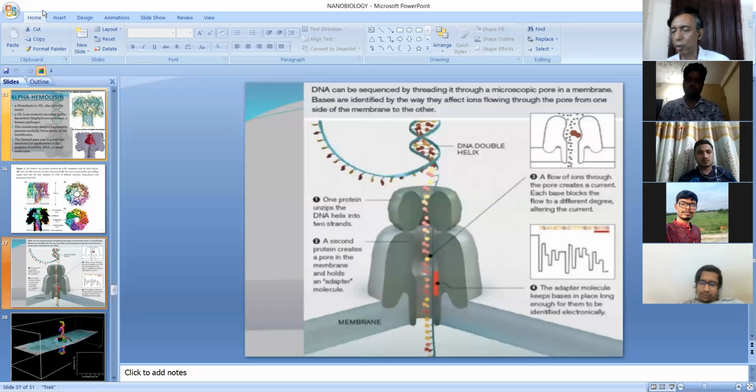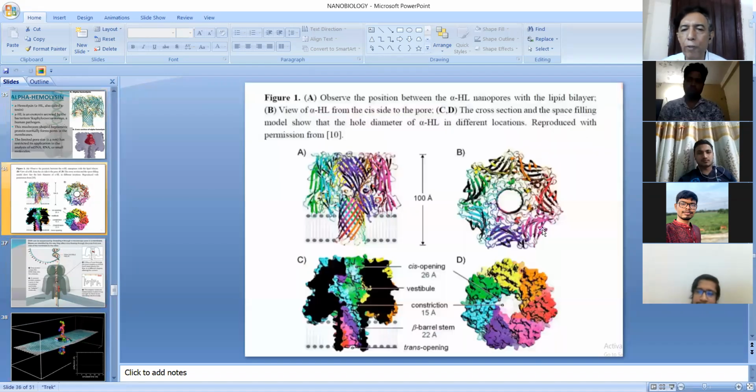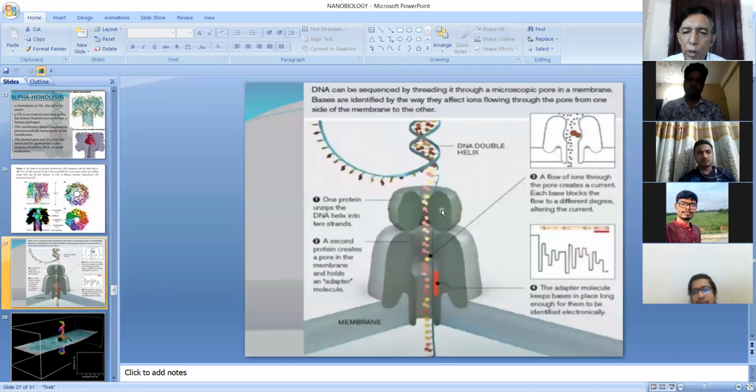And how can you measure that sequence? DNA can be sequenced by threading it through a microscopic pore in a membrane. You have taken a nanopore here. Say, for example, this is a nanopore, and this pore is here.